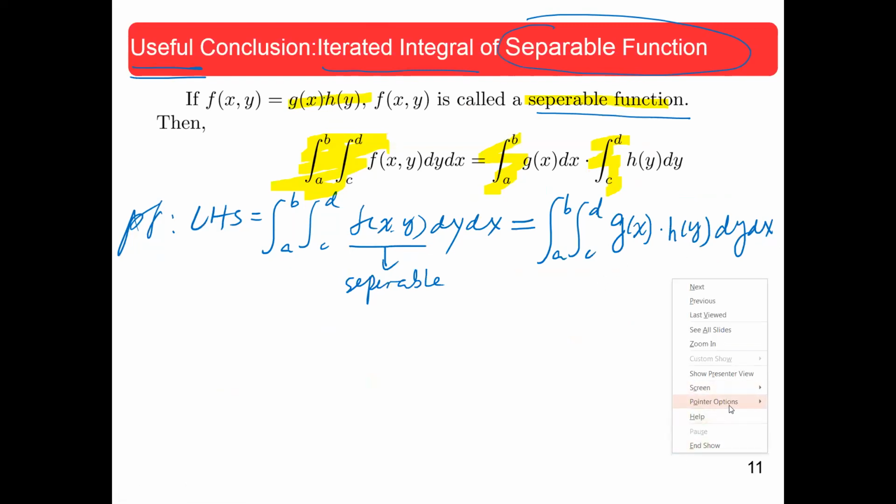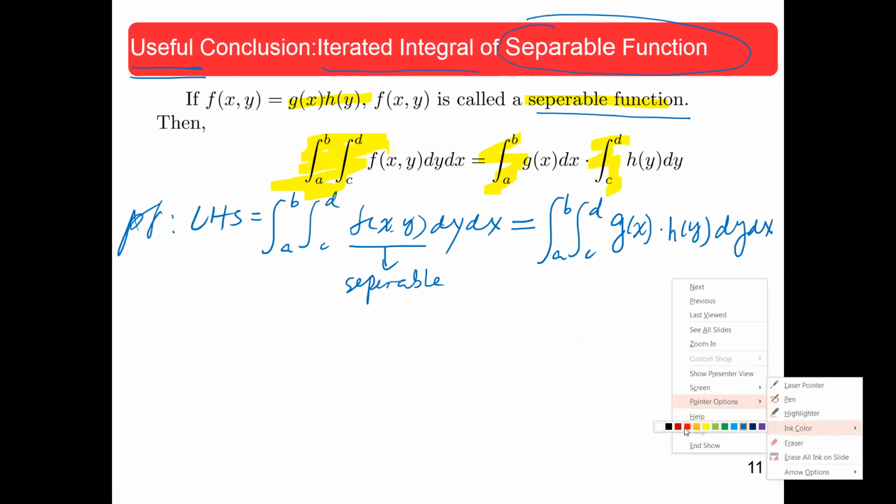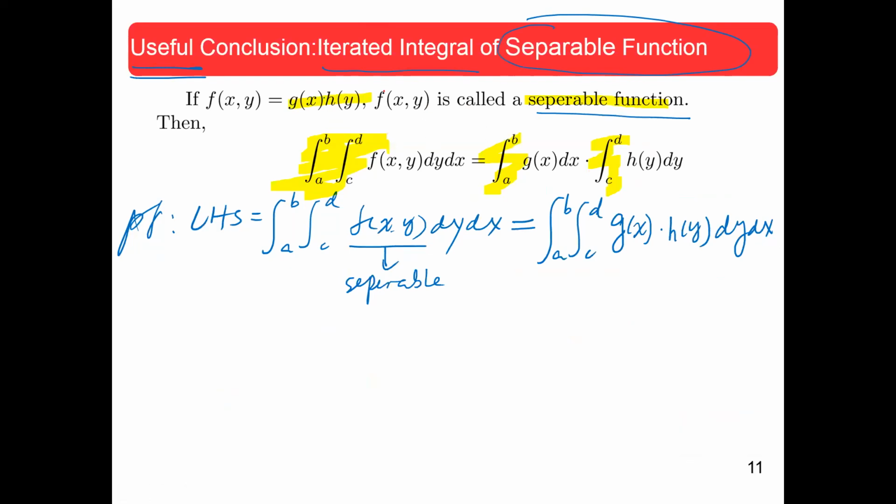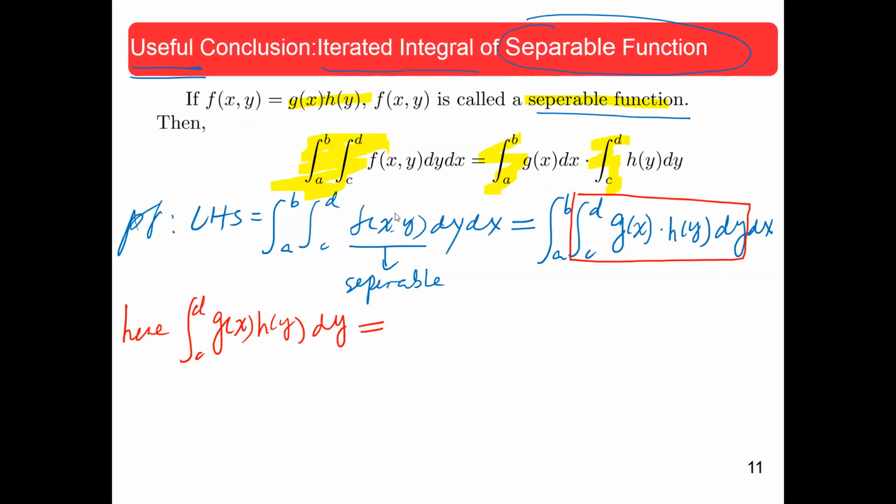Then we can just follow whatever we have done before. We can go from the inner integral and then work on to the outer integral. So the inner integral is c to d, g of x, h of y, dy. Now notice that y is the variable, so g of x will just be a constant coefficient.